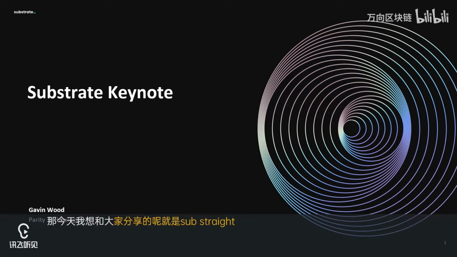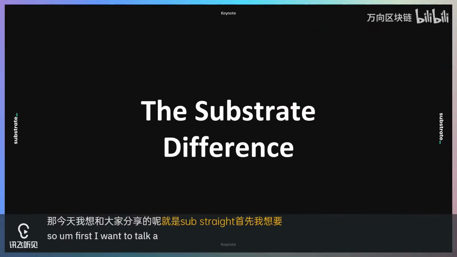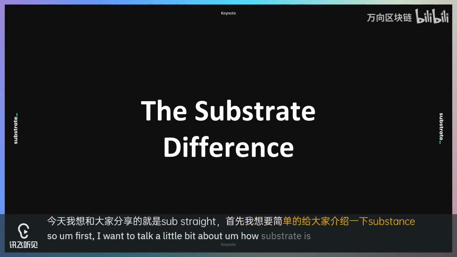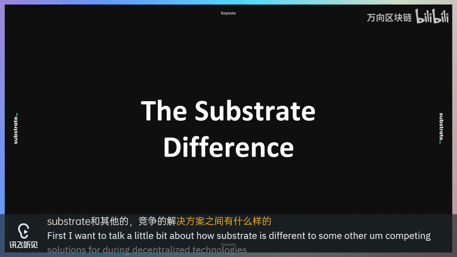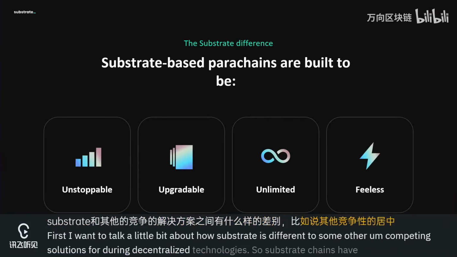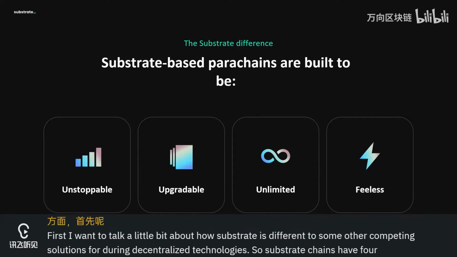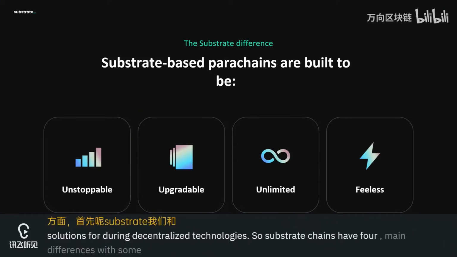So first I want to talk a little bit about how Substrate is different to some other competing solutions for doing decentralized technologies. Substrate chains have four main differences with some of the alternative ways of creating decentralized applications.